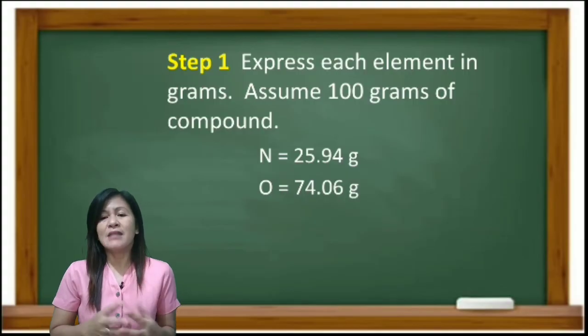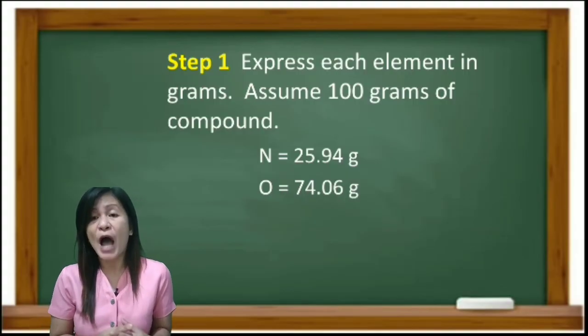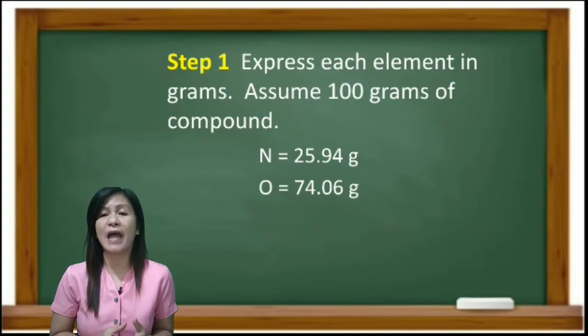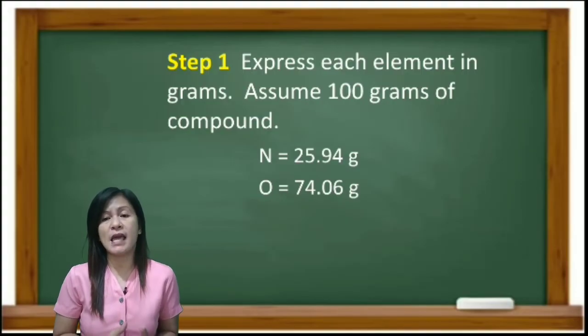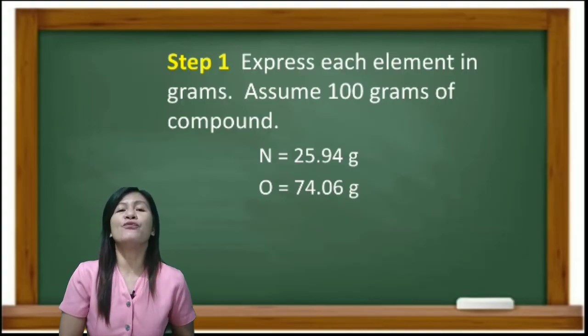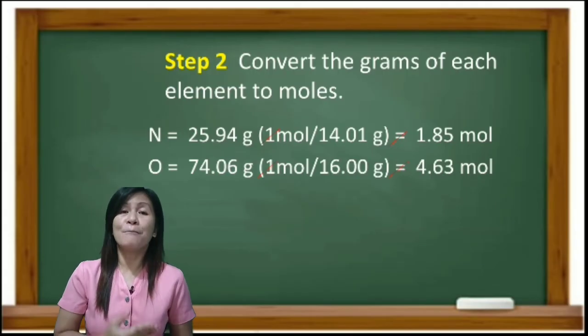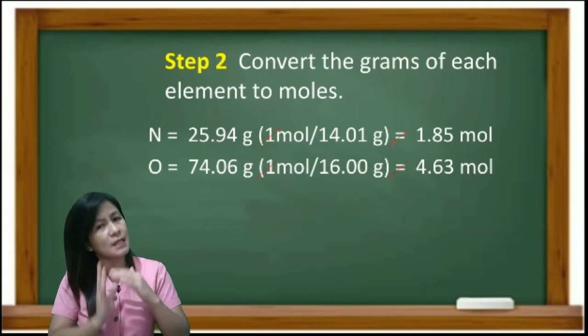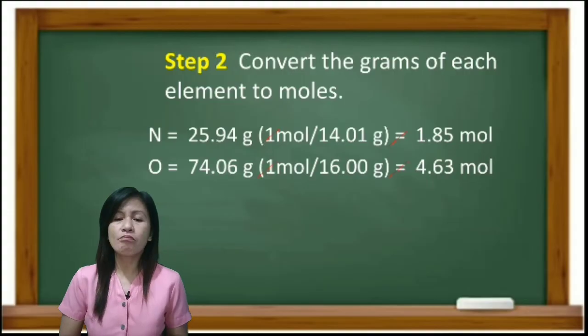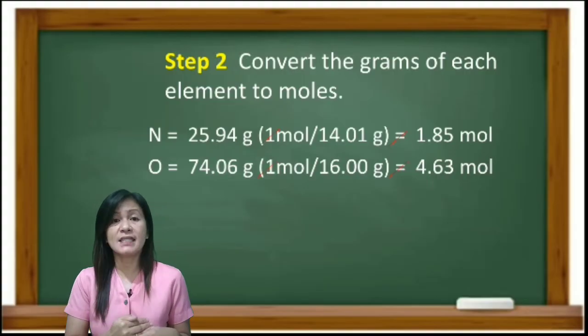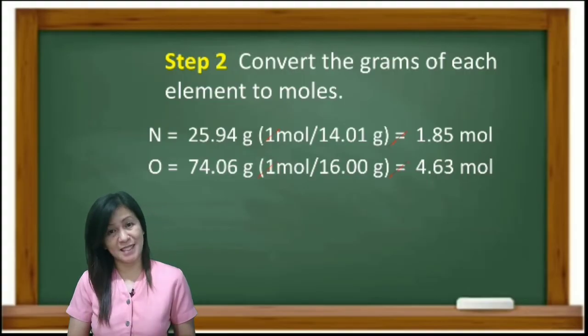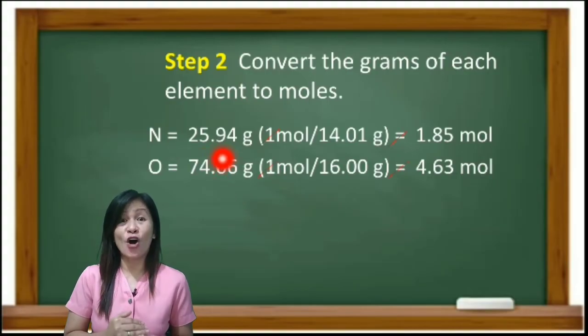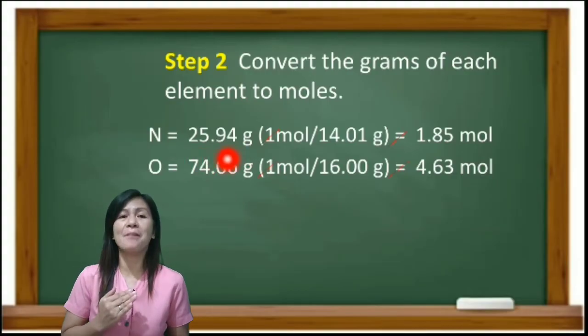So you will have nitrogen, 25.94 grams, and oxygen, 74.06 grams. Step 2, convert the grams to moles. Doing the same process as in the first example, divide the given mass by the atomic mass, or the molar mass of the element.